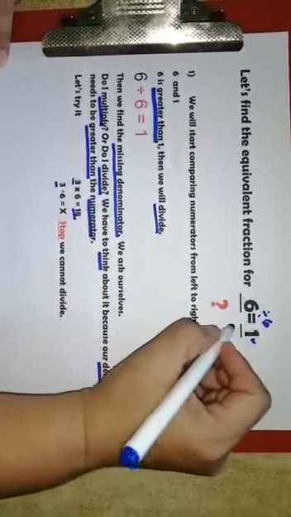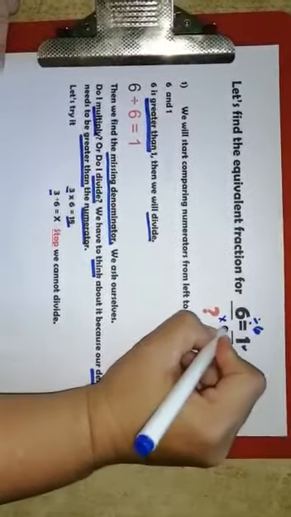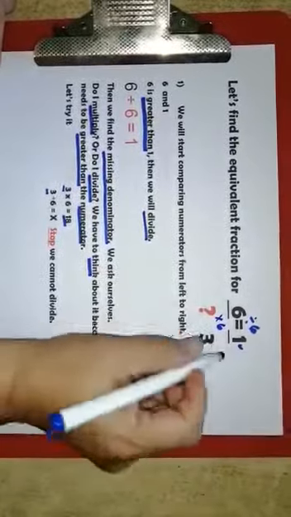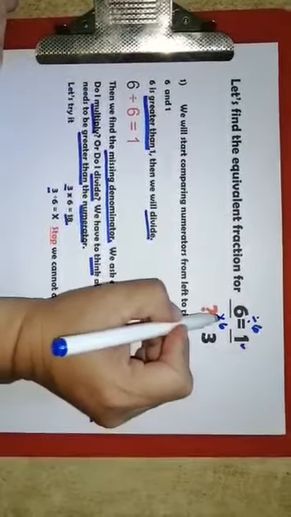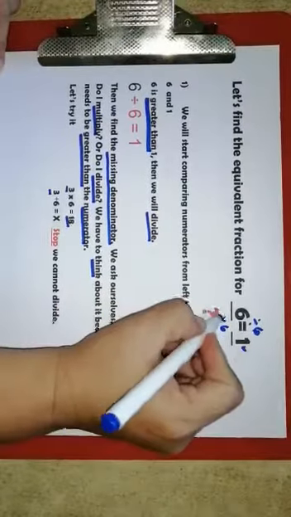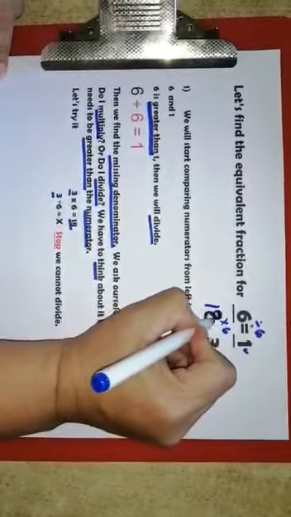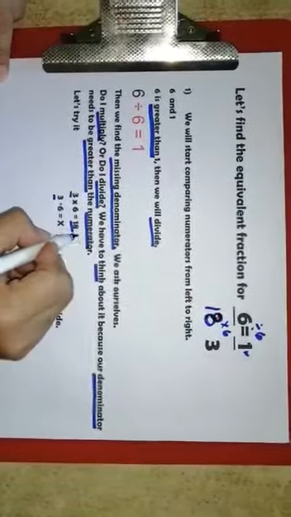Okay, here we are going to multiply by 6, and we say that 3 times 6 equals 18. Okay, so our missing denominator is 18.